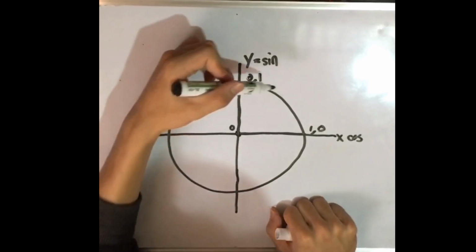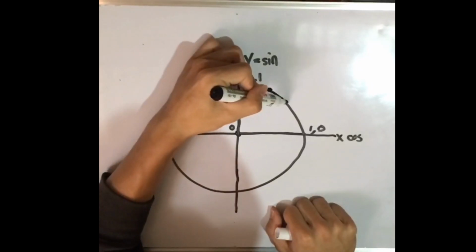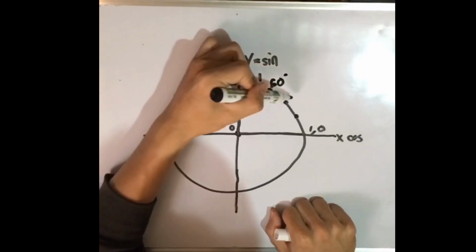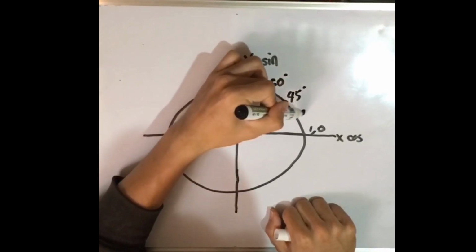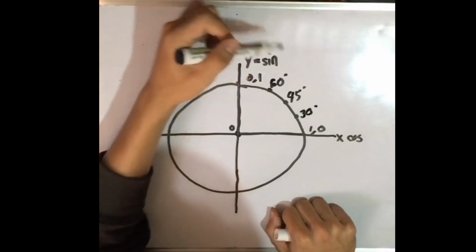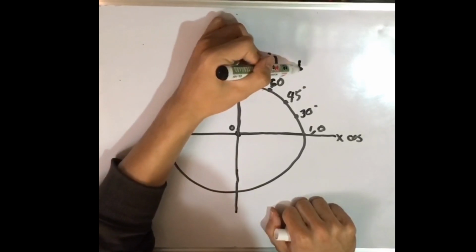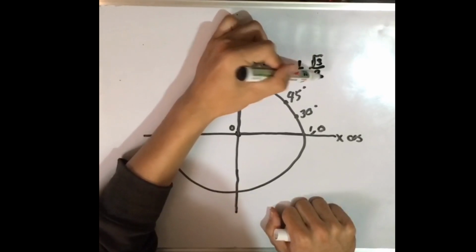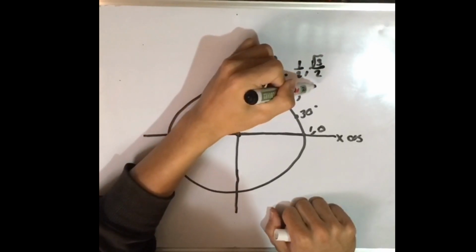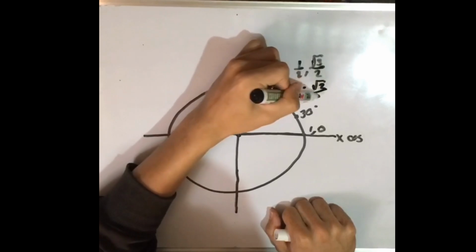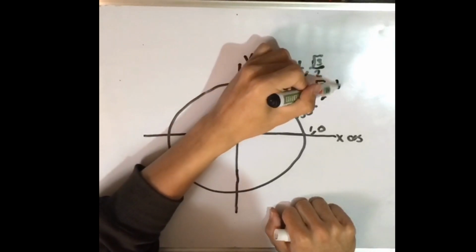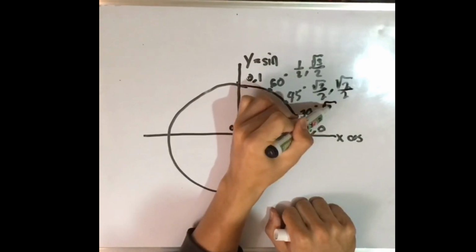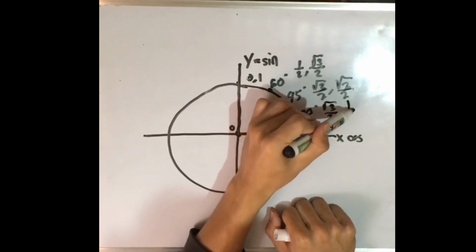Now we're gonna put 3 points on this. These are 60 degrees, 45 degrees, and 30 degrees. 60 degrees has the coordinates 1/2 and root 3 over 2, 45 degrees has the coordinates root 2 over 2 and root 2 over 2, and 30 degrees has the coordinates root 3 over 2 and 1/2.